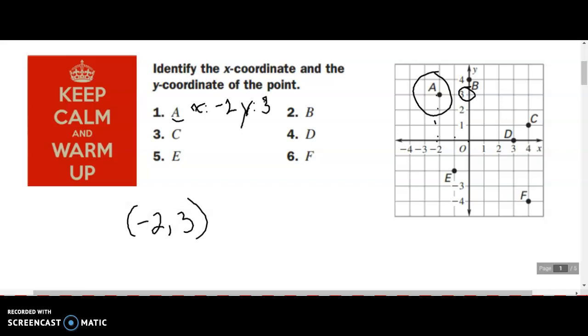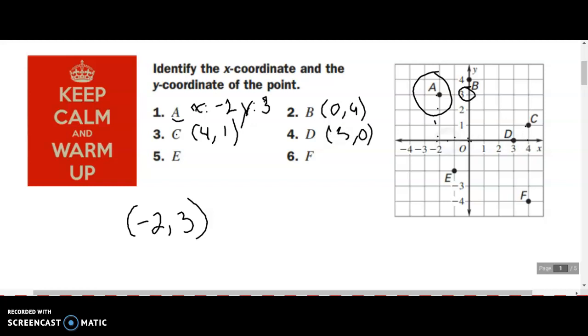Okay? B has an x value of 0 and a y value of 4, making it an ordered pair of 0, 4. C has an x value of 4 and a y value of 1, making it 4, 1. D has an x value of 3 and a y value of 0, so it's the point 3, 0.